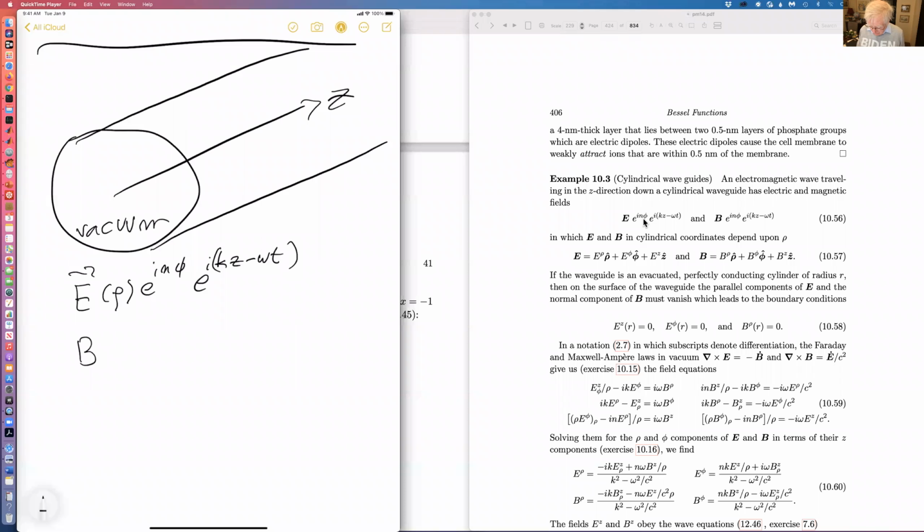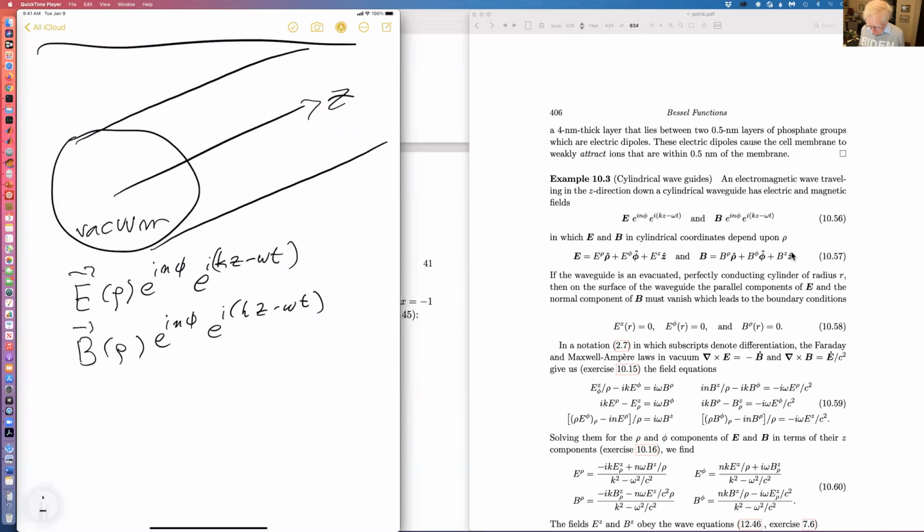And then B is B of rho, e to the i n phi, e to the i kz minus omega t. So these are what these equations look like. And E and B then take these forms.